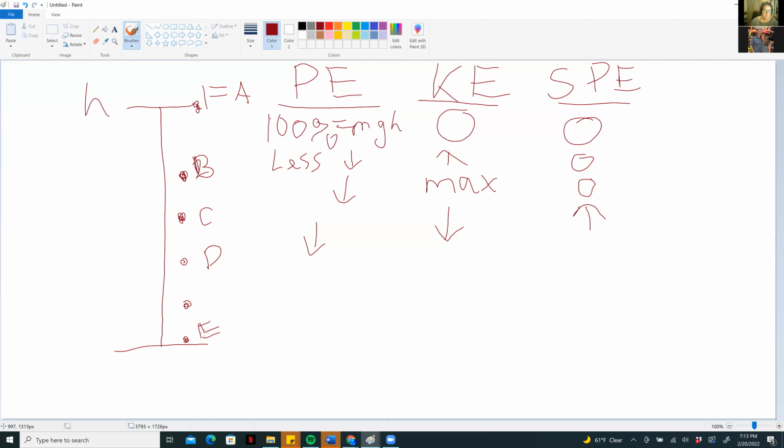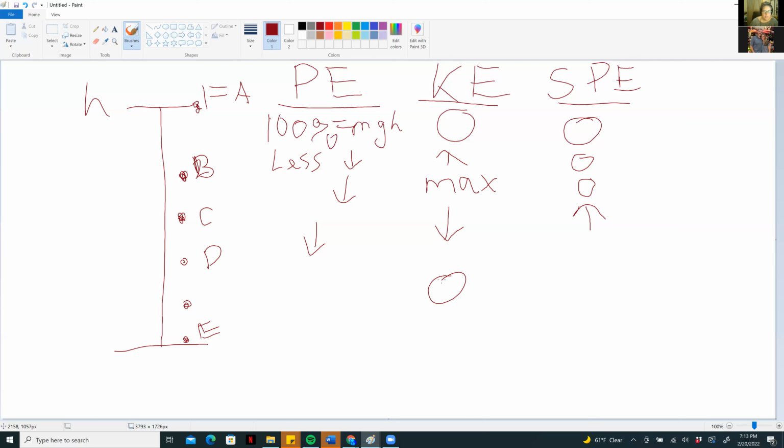So if it says motionless, that implies velocity equals 0, right? So what do we know right away about our kinetic energy? It should be 0. Yep. And what's happening to our potential energy? It's motionless, so I think it's stopped, right?